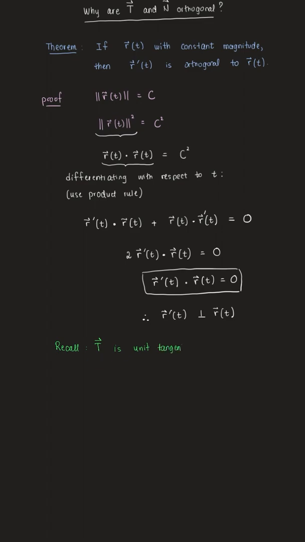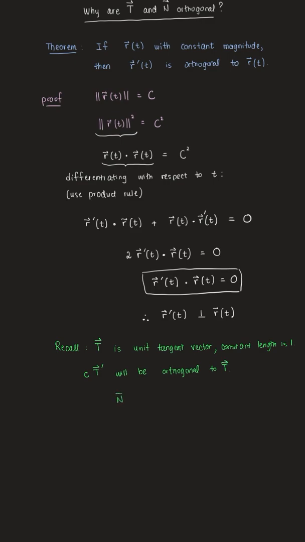That means it has constant length of 1. It's a unit vector. So that means that T prime, or any scalar multiple of T prime, will be orthogonal to T.